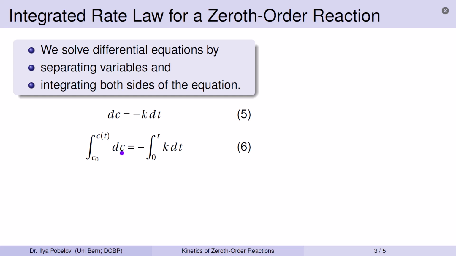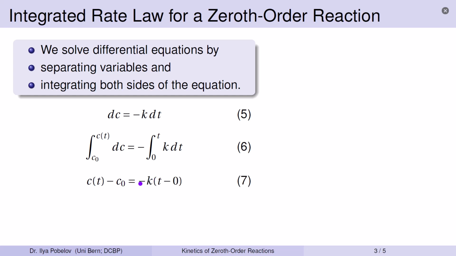Then, on the left side of the equation, we integrate dC from the initial value C0 to the value at any time Ct. On the right side of the equation, we integrate k dt from time 0 to the given time t.